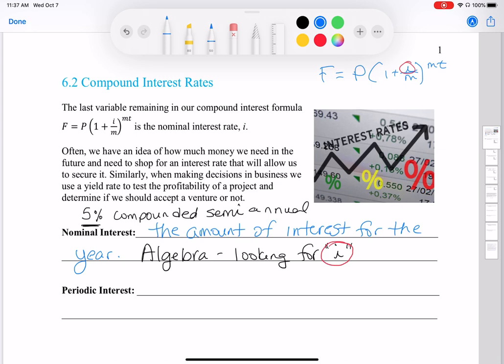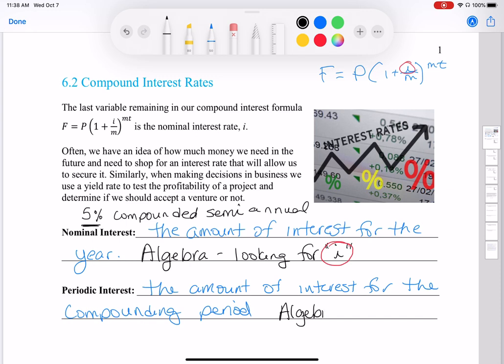All right, now the second vocabulary piece is periodic interest. And periodic interest is the amount of interest for the compounding period. And just like above, we do our algebra, but when we do our algebra, we are solving for I over m.